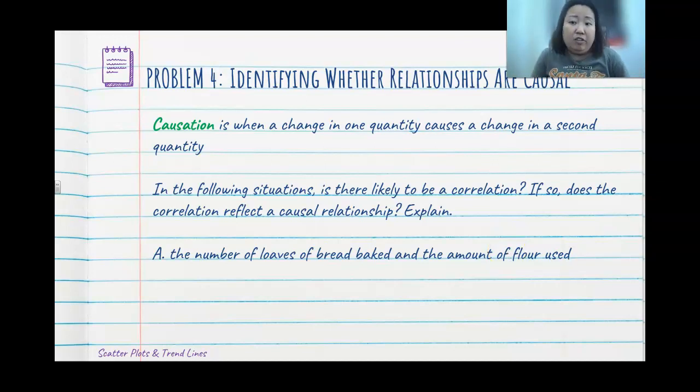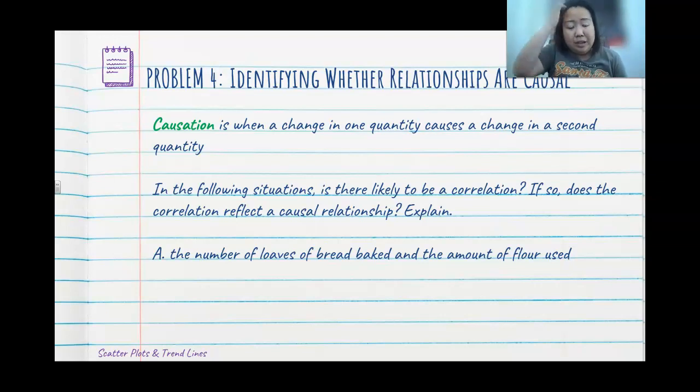So there is definitely a correlation between the number of loaves of bread and the amount of flour. And will one quantity cause the result of the second quantity? Definitely. The amount of flour will have an effect on the number of loaves of bread that could be baked.